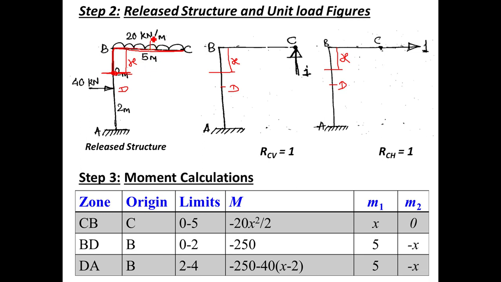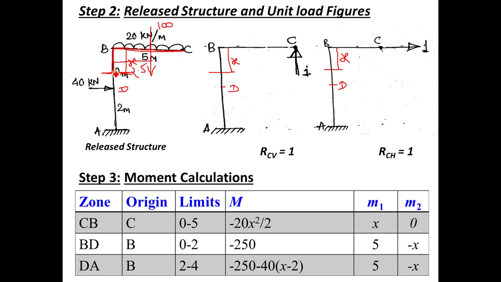So 20 into 5, it will be 100 acting vertically downward at the center of the 5 m, that is 2.5 m distance.